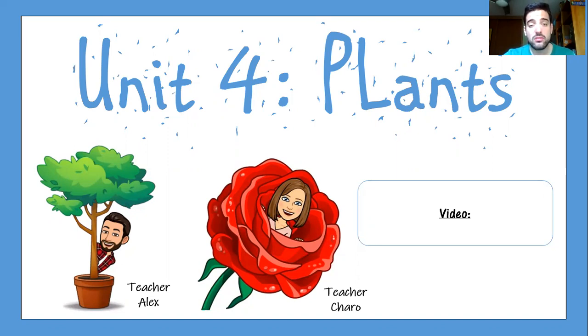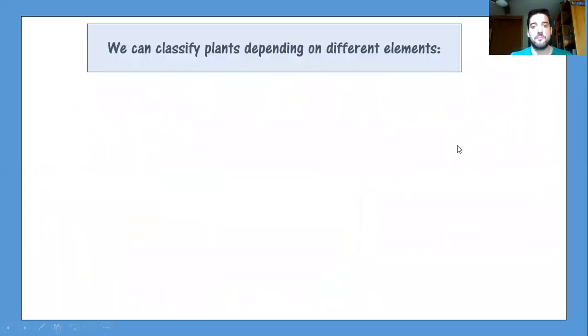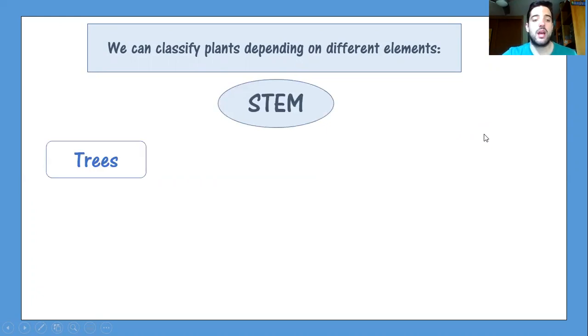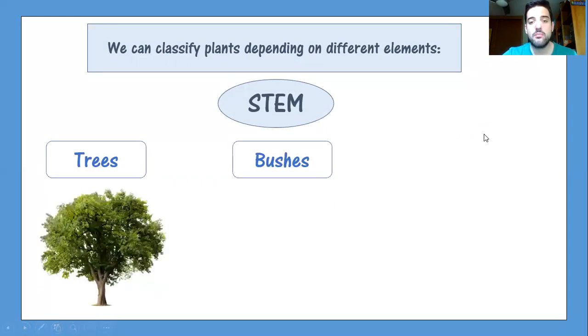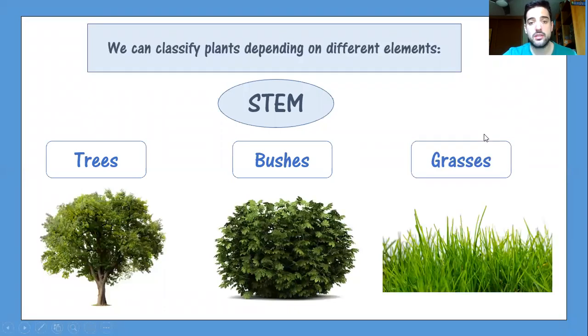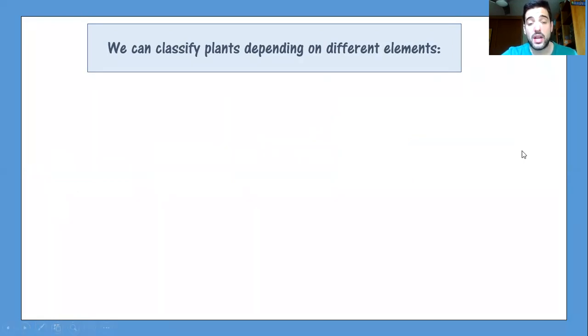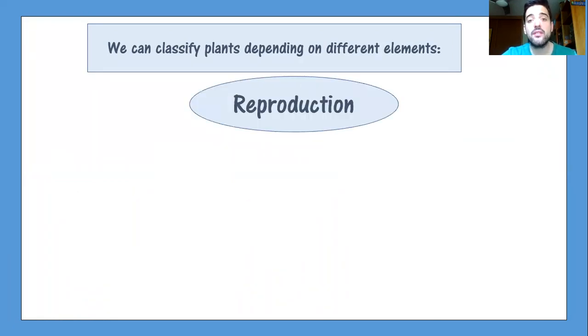Today, we're going to continue learning about plants and natural science. As you may remember, last week we saw how to classify plants depending on their stem. We have trees, bushes, and grasses. Today, we're going to continue with this classification, and we are going to classify plants depending on their reproduction.